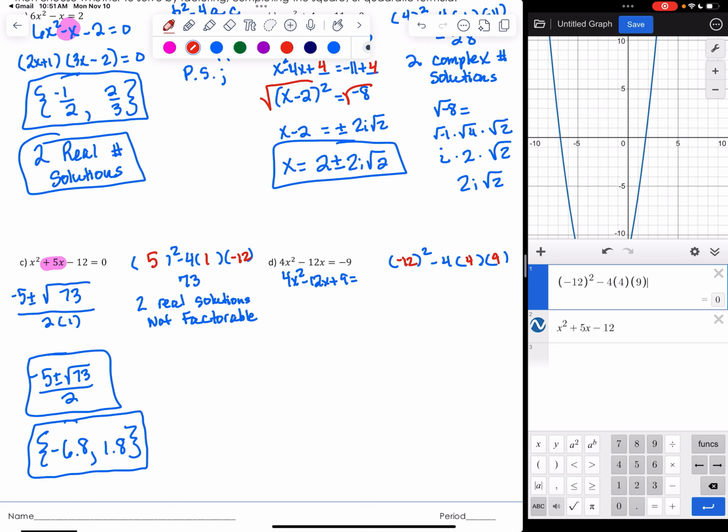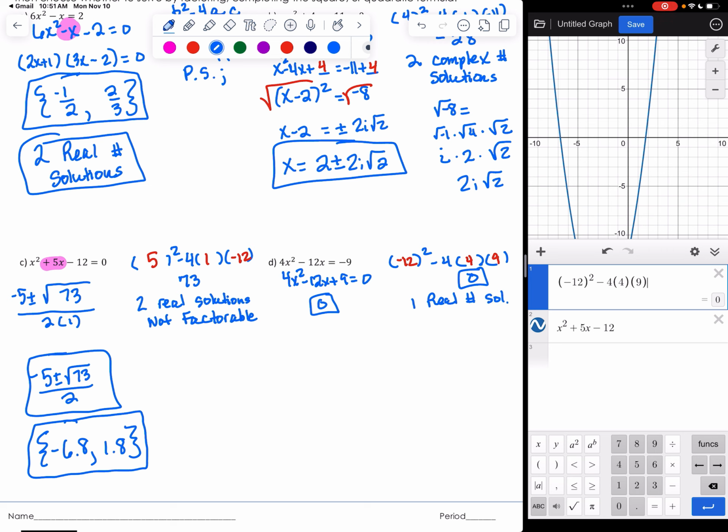And that means our discriminant is 0. If the discriminant is 0, that means you'll have one real number solution.